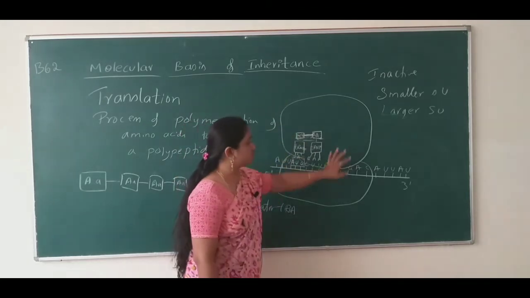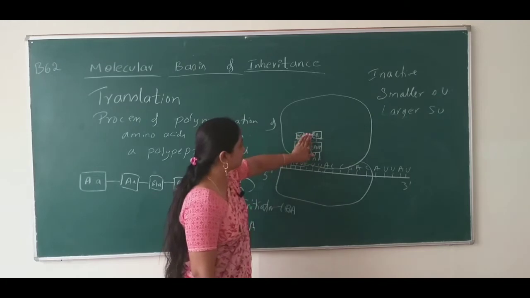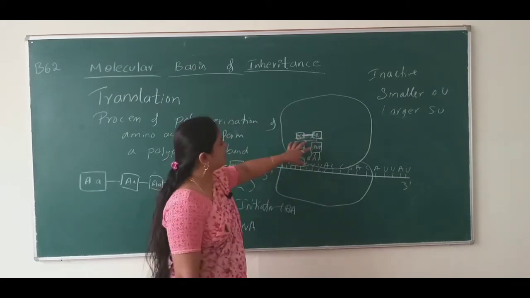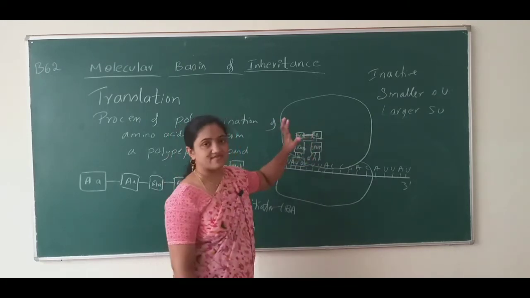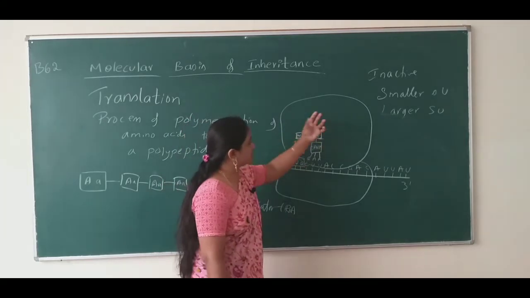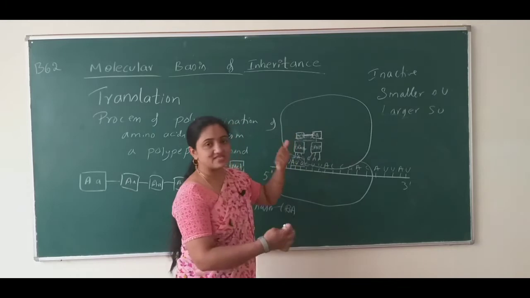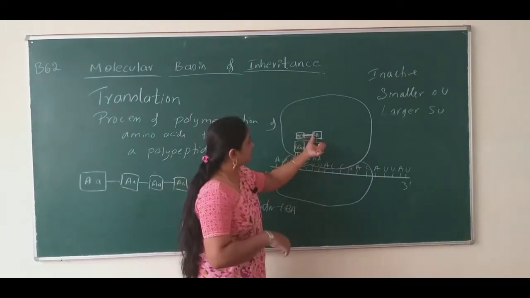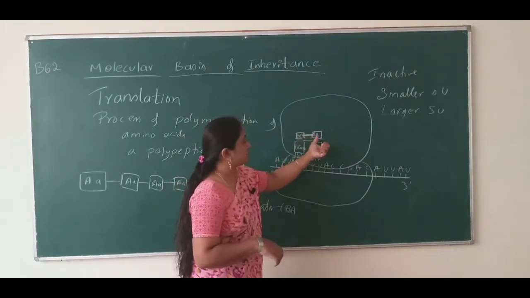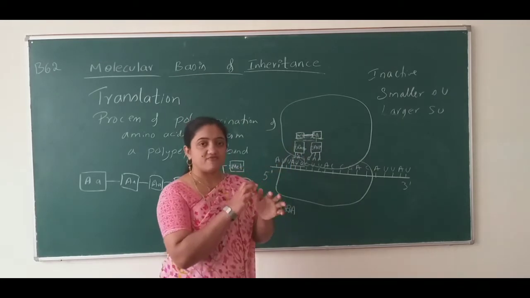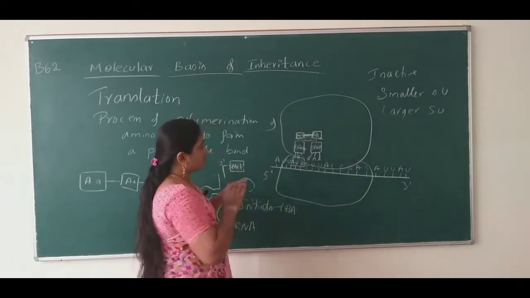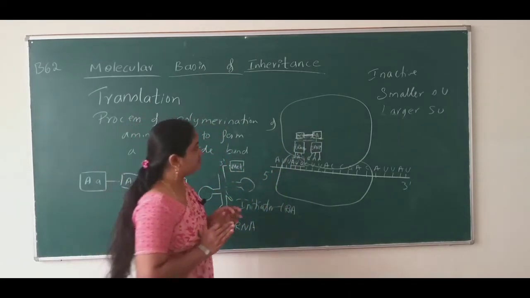When it starts moving forward and detaching from the process, the charged amino acid that the initiator tRNA brought, utilizing that ATP, binds to the second amino acid by forming a bond known as a peptide bond.